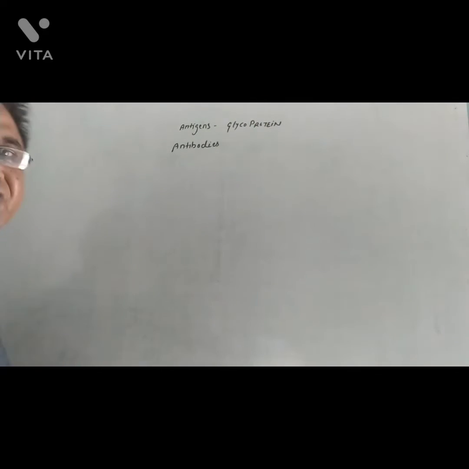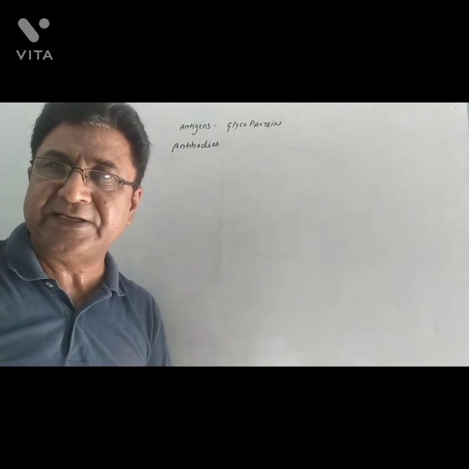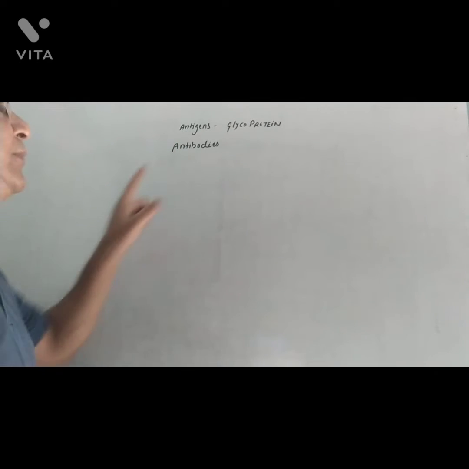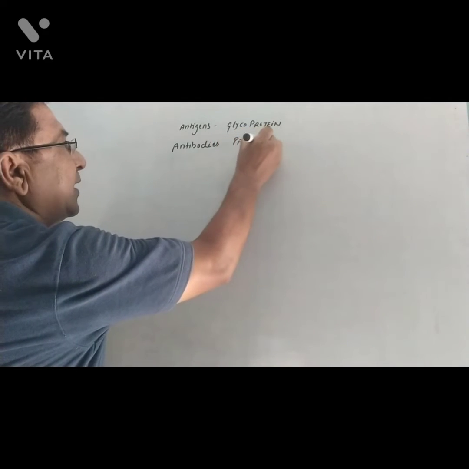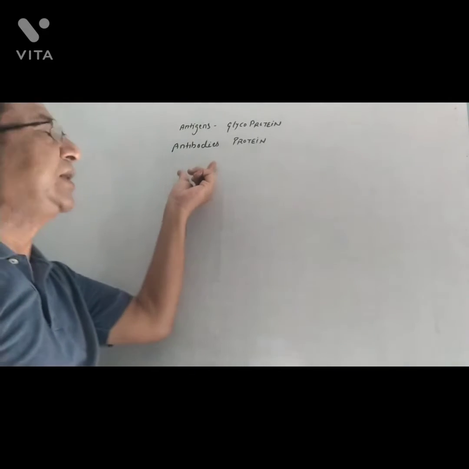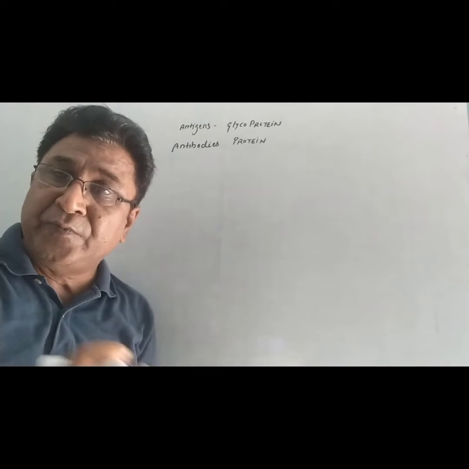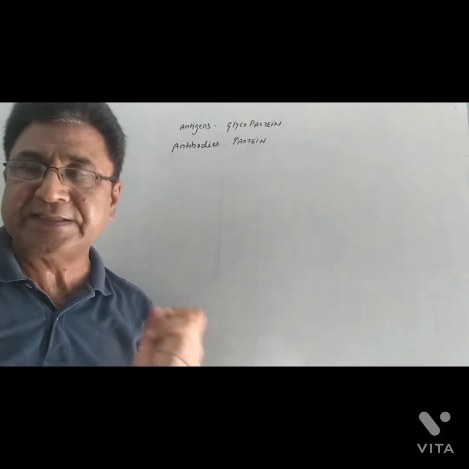Protein means a peptide chain, and glyco means it also has polysaccharides. Antibodies are basically proteins. So, blood group is decided by antigens, but it also contains antibodies. Which blood group contains which kind of antibodies has to be decided.